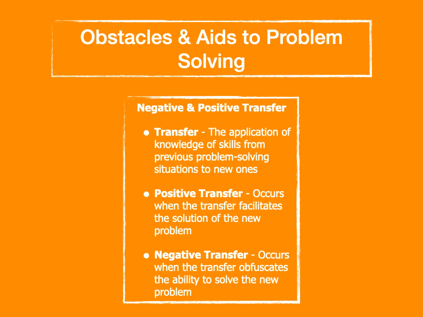That means it aids the problem because our previous knowledge was able to facilitate the solution of this novel problem. However, it becomes a negative transfer when it hinders the ability to solve the new problem because again it's not applicable and our mental sets also hinder the solution.